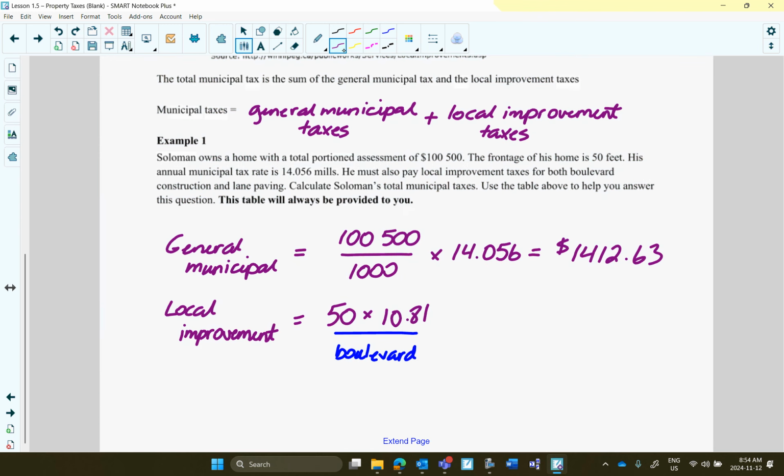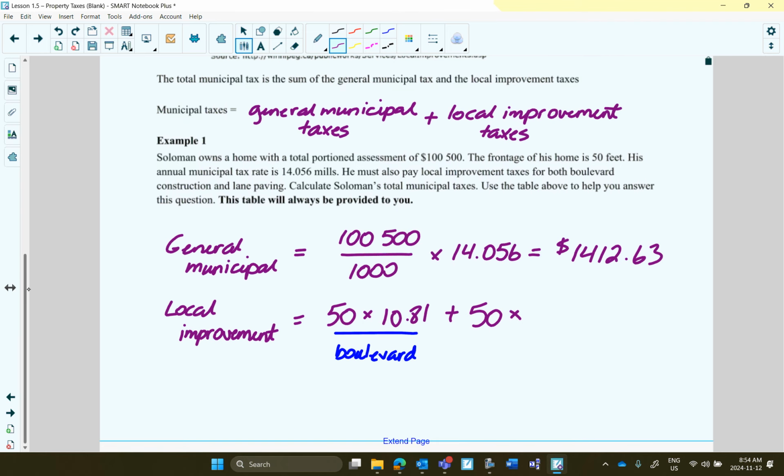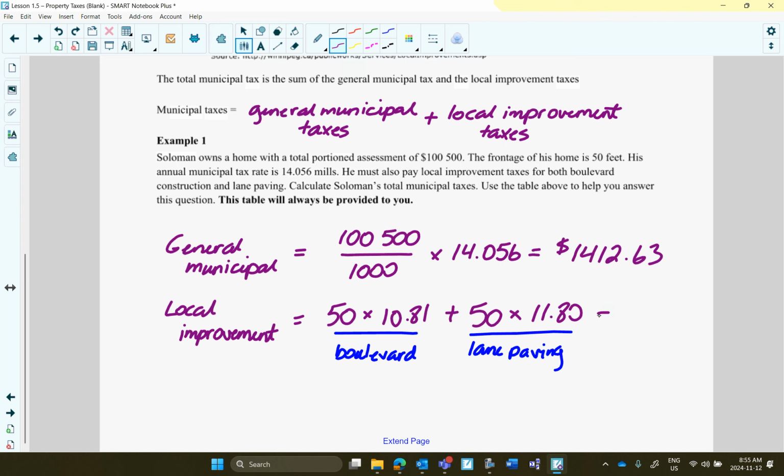Plus 50 feet times the cost of lane paving per foot, which is 1180. So that's how much he's going to have to pay for the lane paving. So I add those two amounts together to get a local improvement tax.